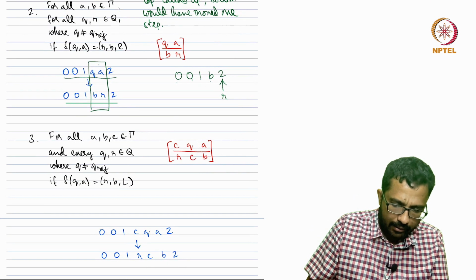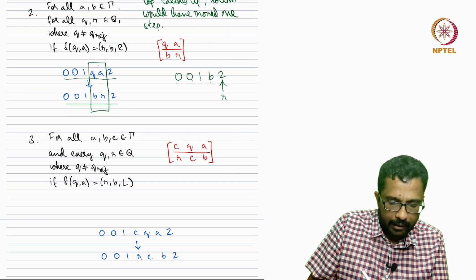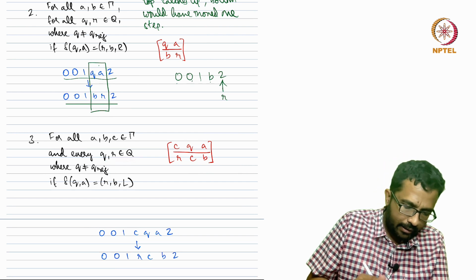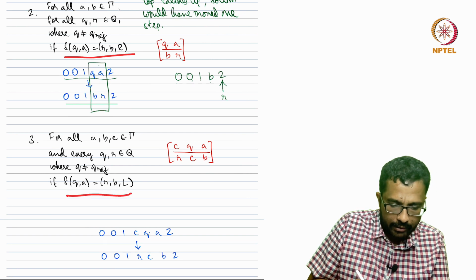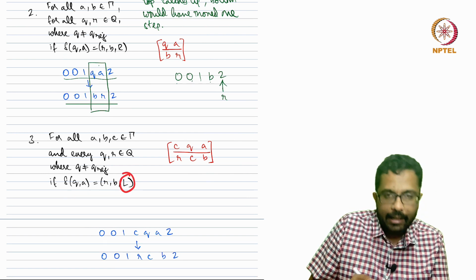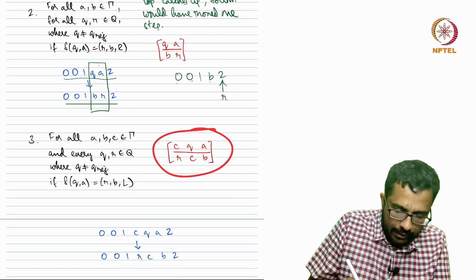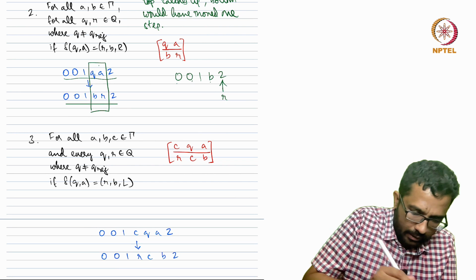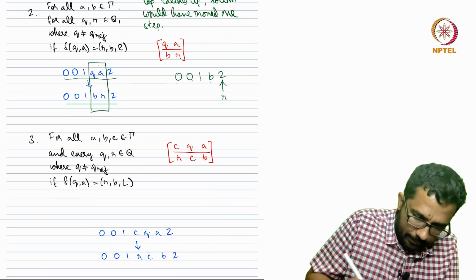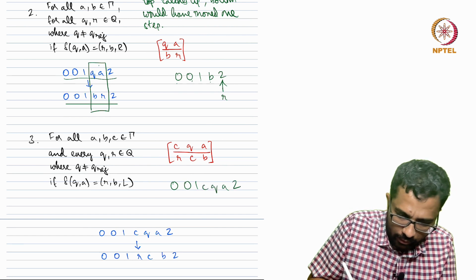Next, for all A, B, C in the tape alphabet and Q, R in the states, same thing, but delta(Q, A) is equal to (R, B, L). Everything is the same, just that there is a left movement. Then we have this domino, where there is CQA on the top and RCB on the bottom. Why is that? Suppose we had 001 CQA 2.